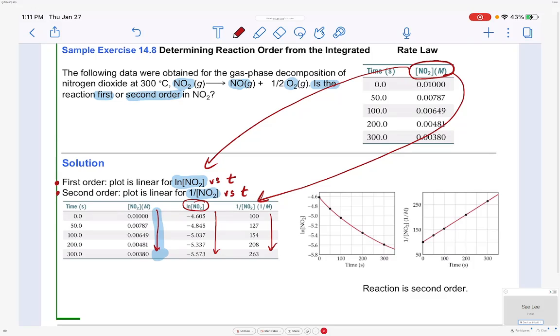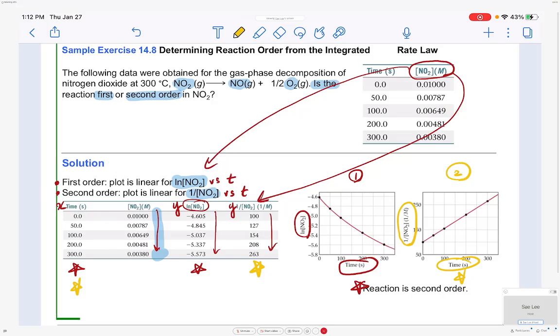So then you want to graph this. This is going to be your y-axis, and this is going to be your x-axis. If you look over here, the first graph, number 1, is a graph of natural log of NO2 versus time. Okay, so this versus this. For the second graph, this is 1 over NO2 concentration on the y-axis, and the x-axis is time.